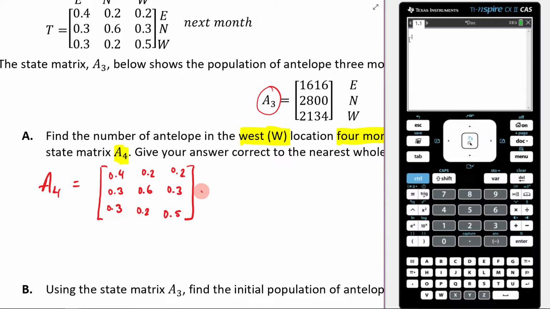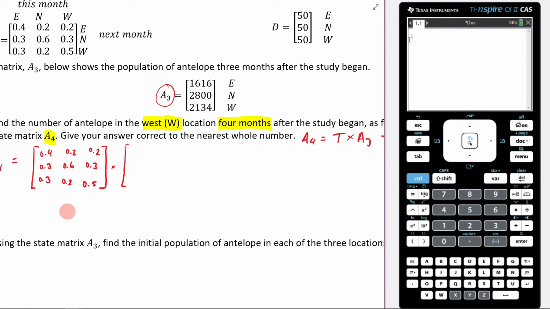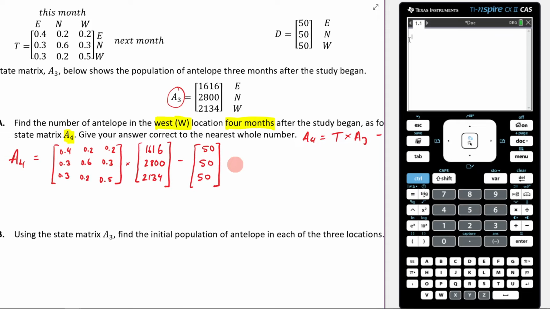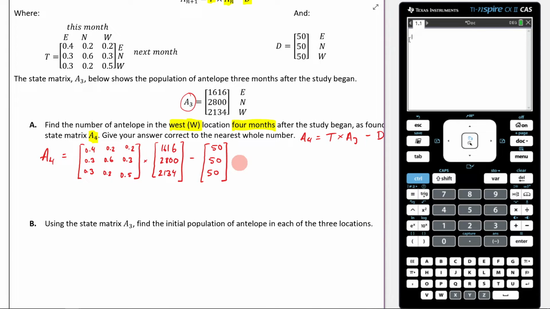So that's T. We're then multiplying that by A3, and A3 is up here, so it's 1616, 2800, 2134. And then we're deducting our forcing term, which was D, which is just 50 being lost from the east, 50 lost from the north, and 50 lost from the west. And that is what we're going to use to find our answer here.